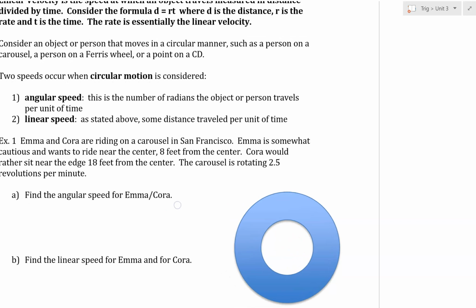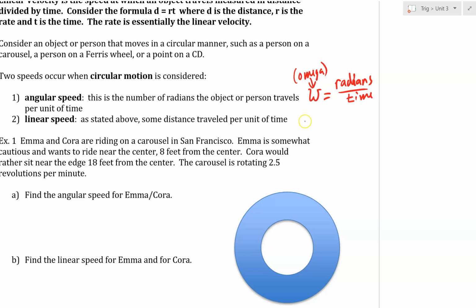There are a couple of formulas that we're going to use for these. This first one, it's going to say W, and it's more of a Greek W, is equal to radians over time, and this is omega when we talk about letters.